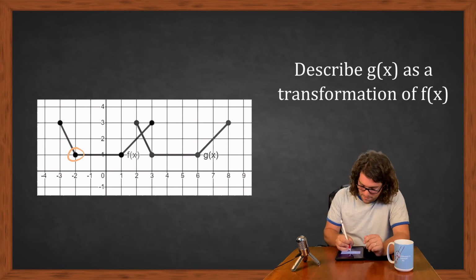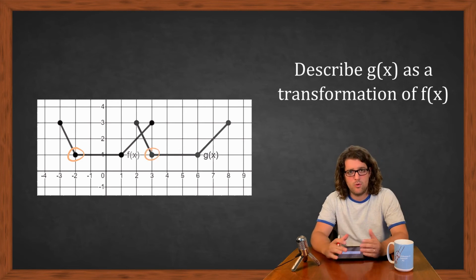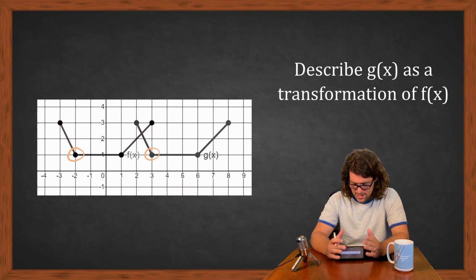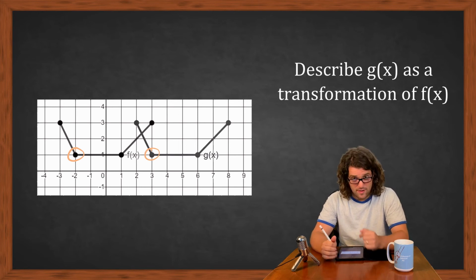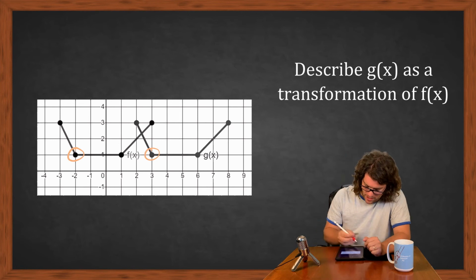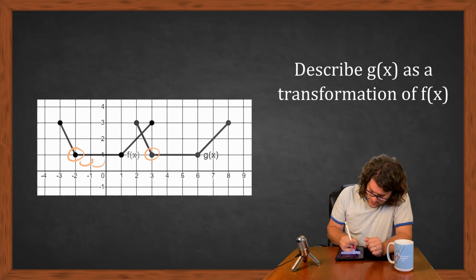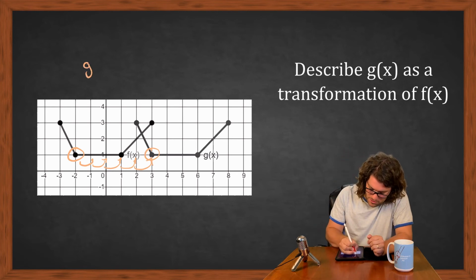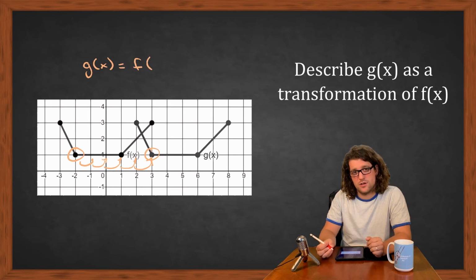Next up, we identify which of these points is the associated one in the next function, which is the one that I circled there on the g of x function. That point is 1, 2, 3, 4, 5 units to the right. Now, just like last time, we are going to describe g of x as a transformation of the f of x function.